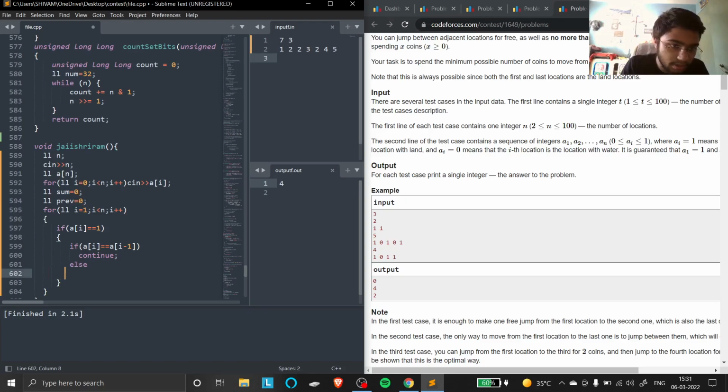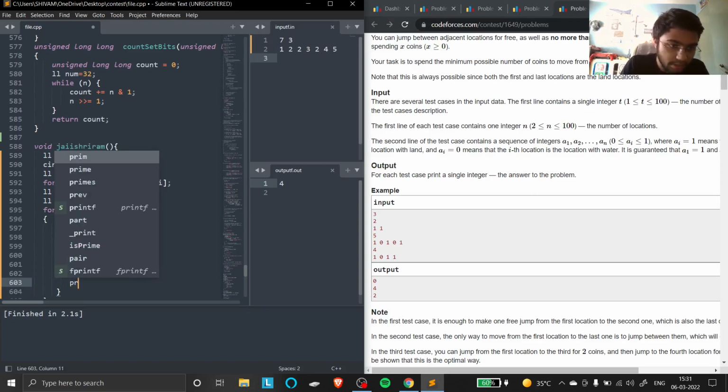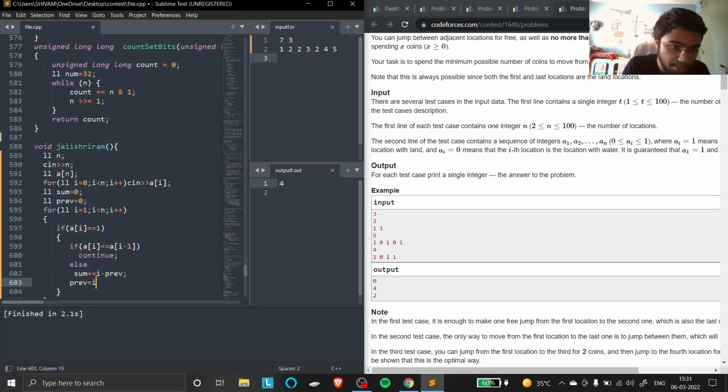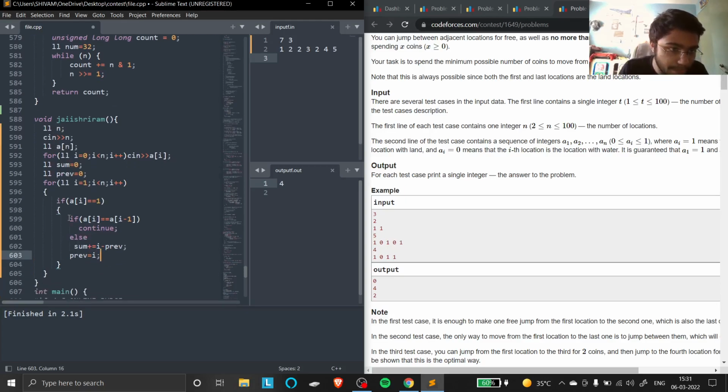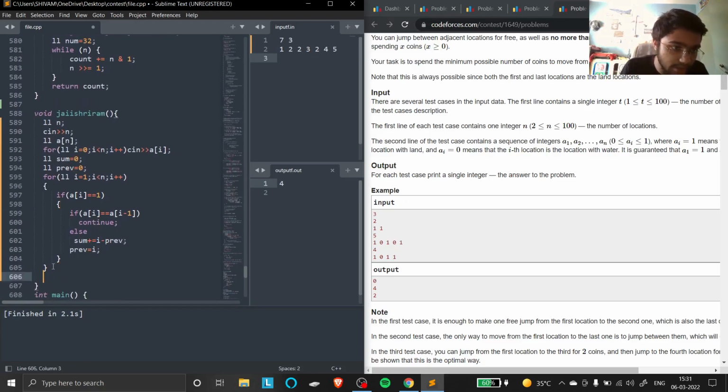Else, sum plus equal to this index minus the previous index, where this had been visited. And now we initialize the previous as i. So this would be the case, and it would give us the answer.